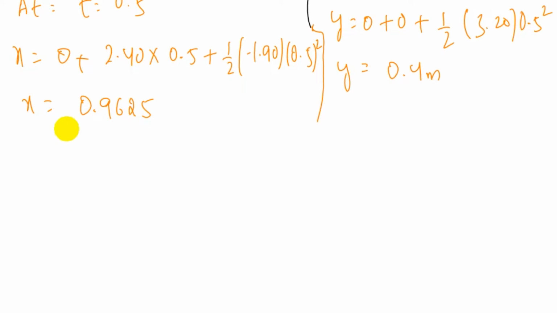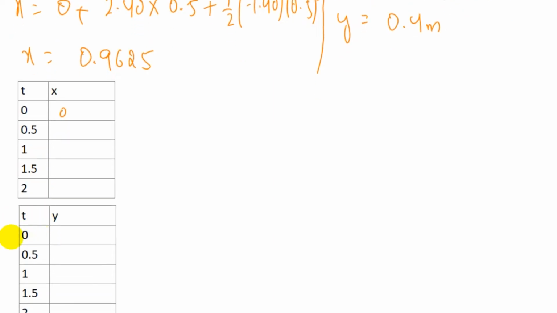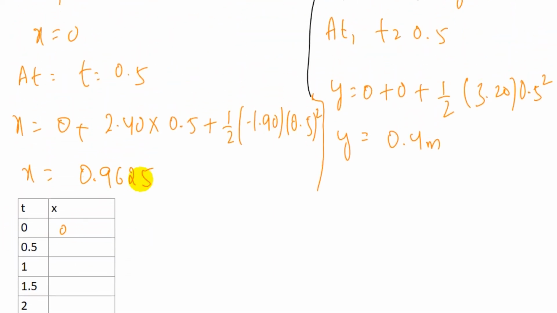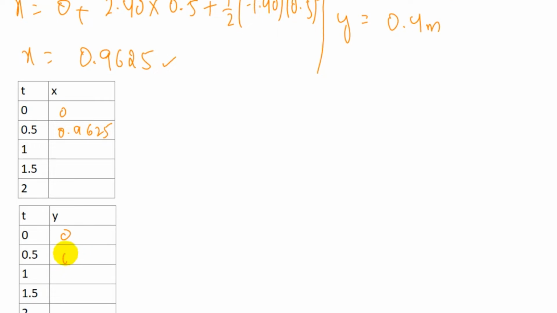Now I'm going to plot the table. So this is the table. At time t equals 0, x we have 0. Similarly, at time t equals 0, y is also 0. At time t equals 0.5 seconds, x we have calculated to be 0.9625, and y is 0.4.